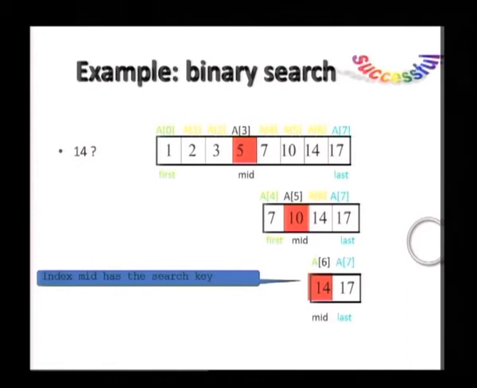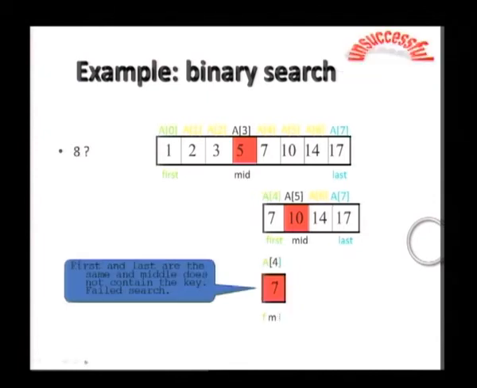The search value is 14, and clearly 14 is to the right, so first is the one whose value is updated to take the value 4, and last remains unchanged. In the next iteration, mid becomes 5, (7 plus 4) divided by 2, and this search succeeds by computing the mid value 6. As you can see, the order of the elements in the array guides the choice of the array locations which are probed by the algorithm.